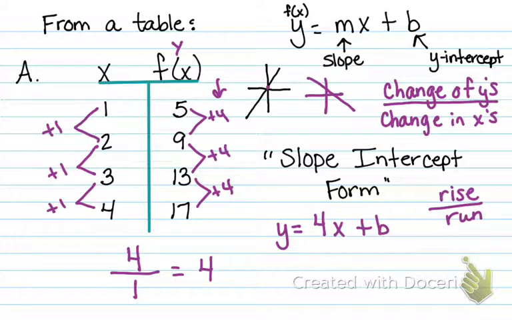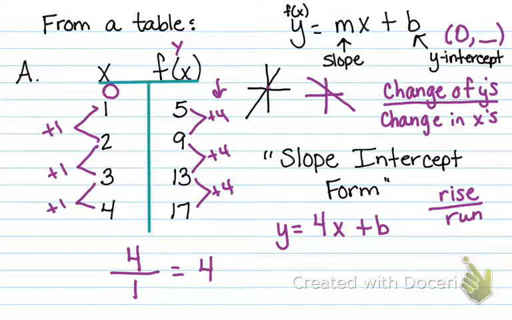The y-intercept would always be when something is 0. Now, we could do some algebra and figure it out, or we know that we went up by 1 each time. And if we wanted to find out when x is 0, what is y? What is the output? Which would be our y-intercept. The y-intercept is always when x is 0 and y is something.